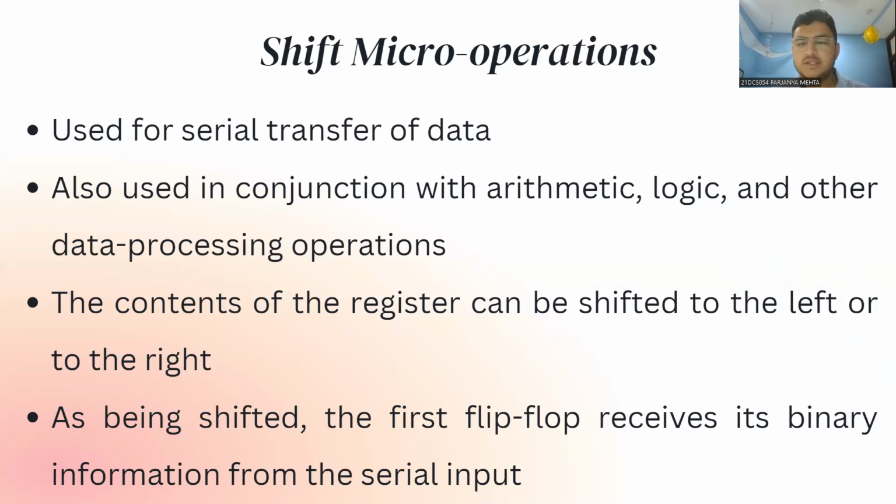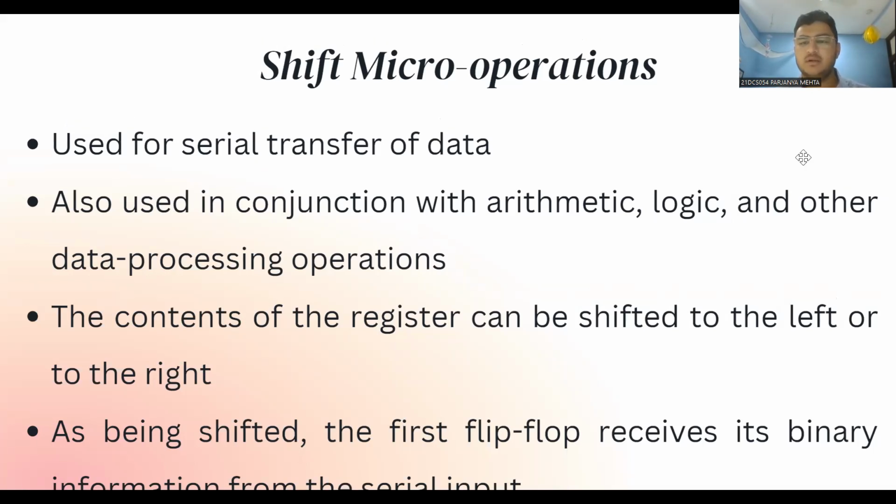It is also used in conjunction with arithmetic, logic, and other data processing operations. It means that if we are using arithmetic operations, logic operations, or register transfer operations, we can use shift micro operations in conjunction with them. The contents of the register can be shifted to the left or to the right. As being shifted, the first flip-flop receives its binary information from the serial input.